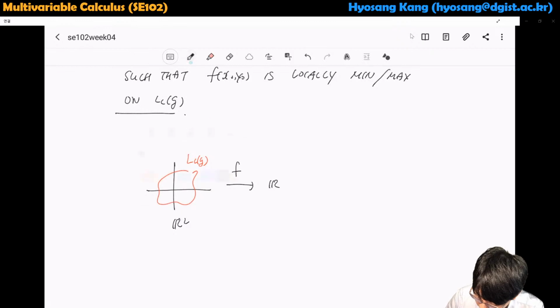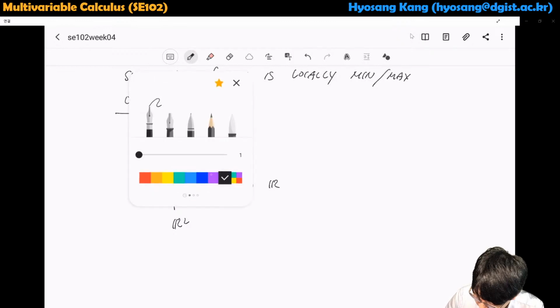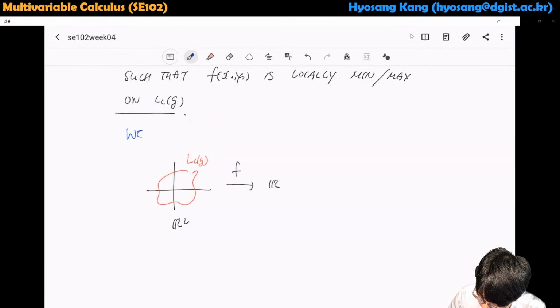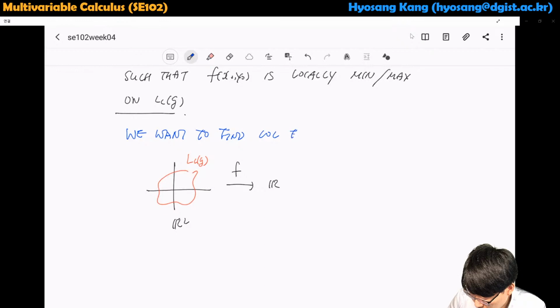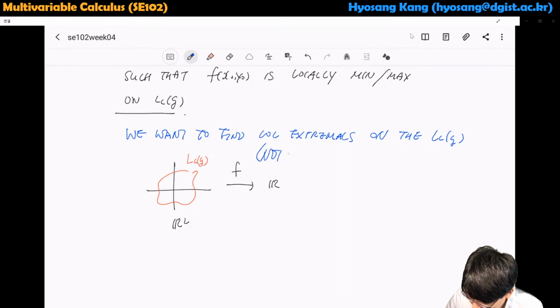So an important remark is that we want to find local extremals on the level set, not on the entire R2.